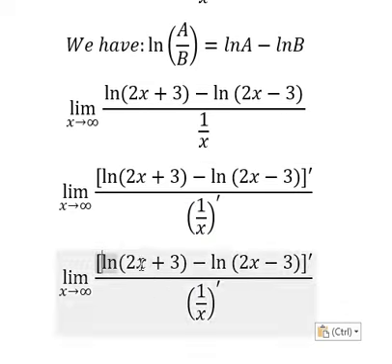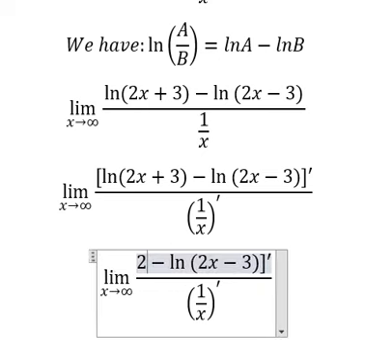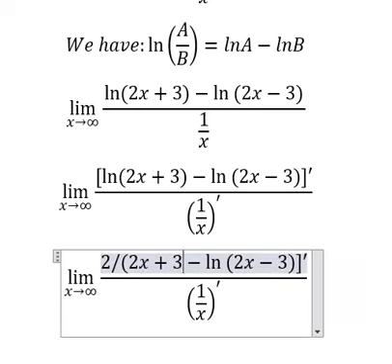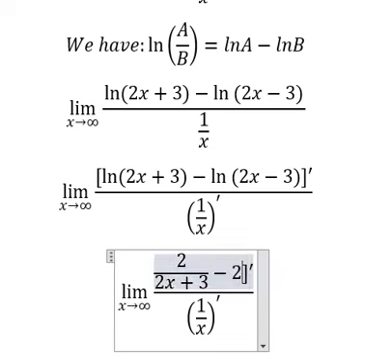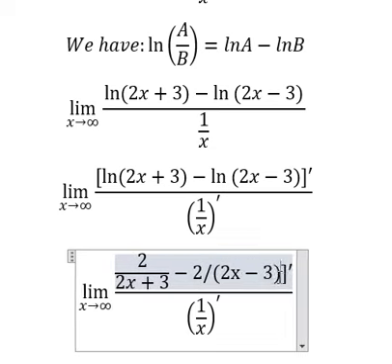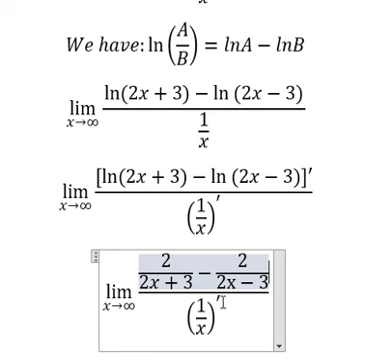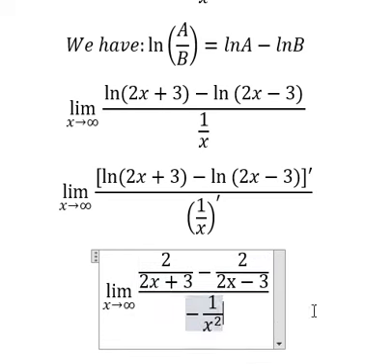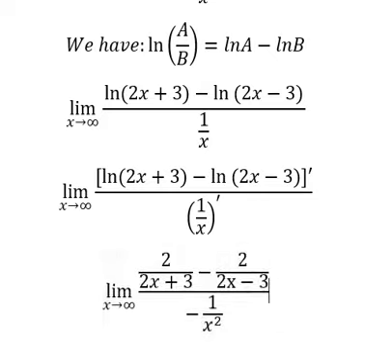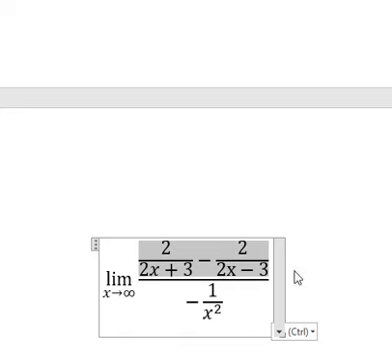So we need to do first derivative of this one, and that is about number 2 over 2s plus number 3. This one that is about number 2 over 2s minus number 3. This one that is about negative 1 over s squared. So we can do about common denominator of this one.